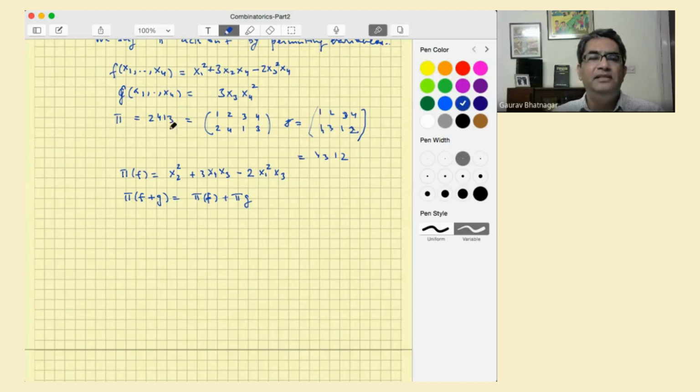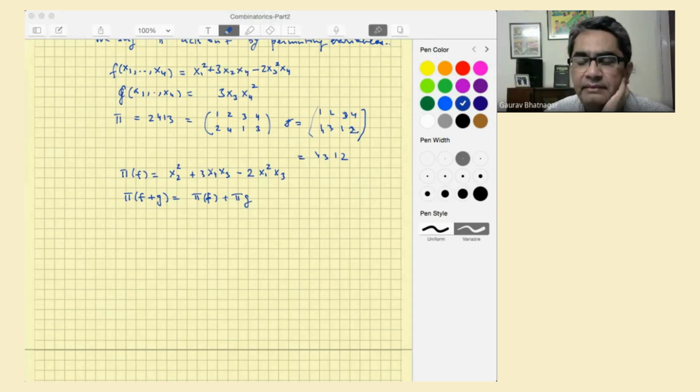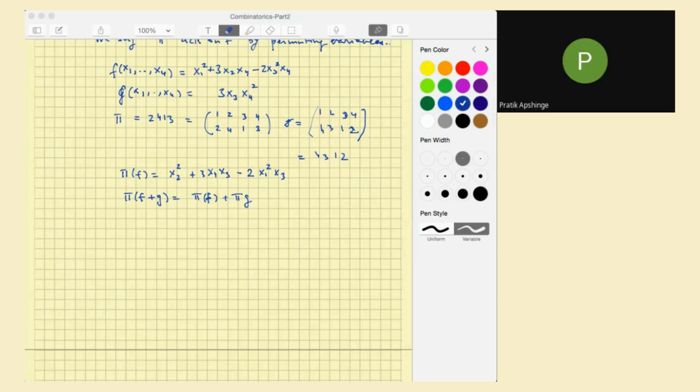I mean, this is just the permutation pi. I think I didn't understand the notation. I think it might be different. I can't hear you, say it again. Professor, I was saying that the notation I think is a bit different than we've used.